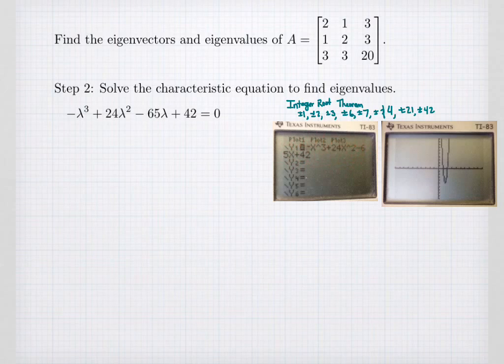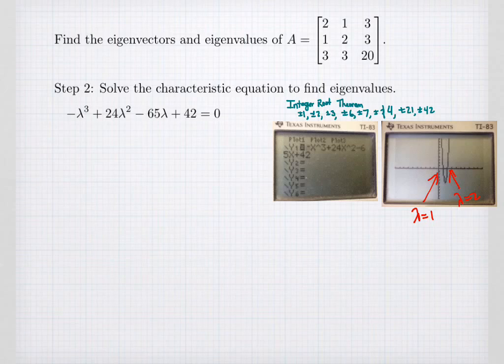I had to change all my lambdas into x's, and I graph it, and I see that my graph crosses the axis at what appears to be lambda equals 1 and lambda equals 2. And I need to use factorization to be able to see if that's really true.